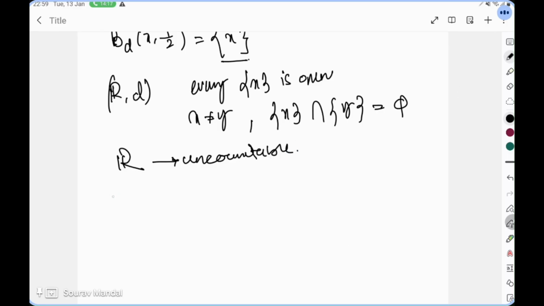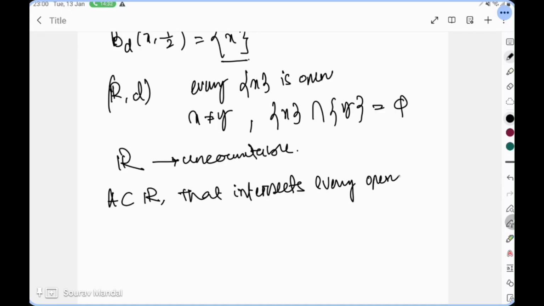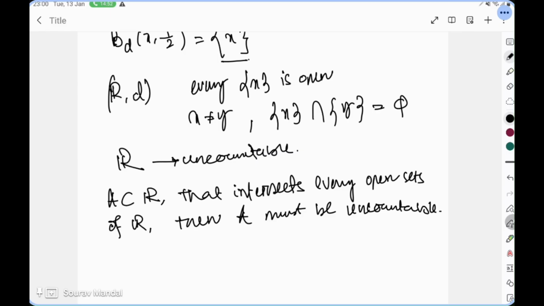if some set A intersects every open ball or every open set, then A must be uncountable. So what can we say?